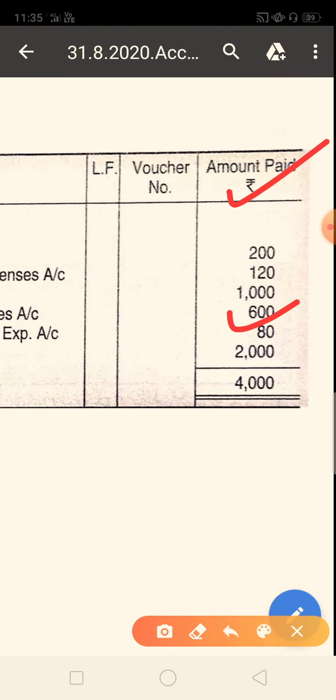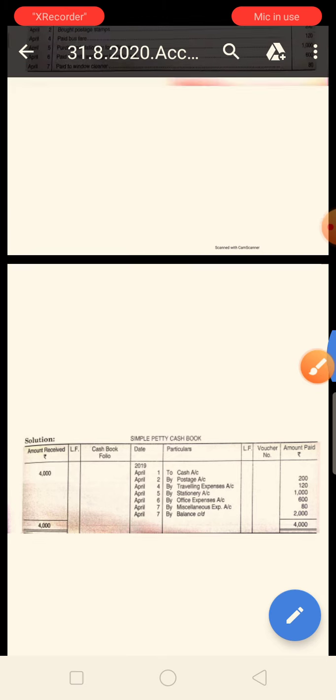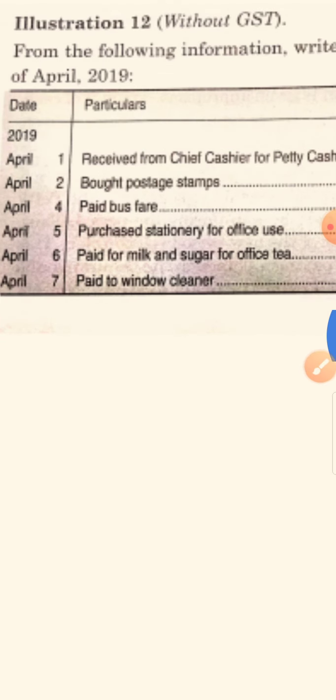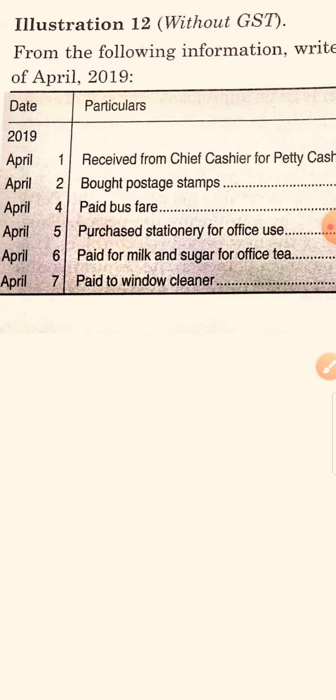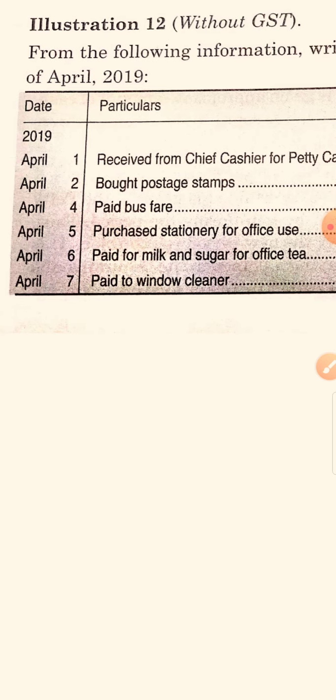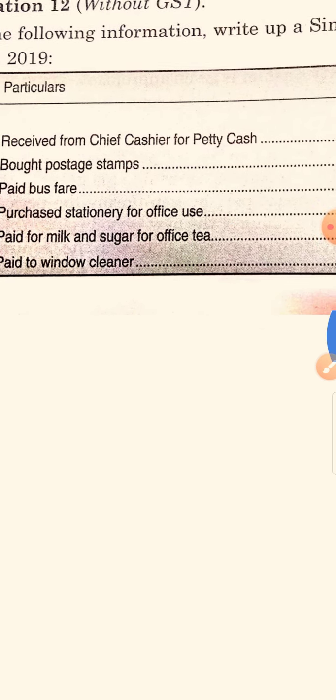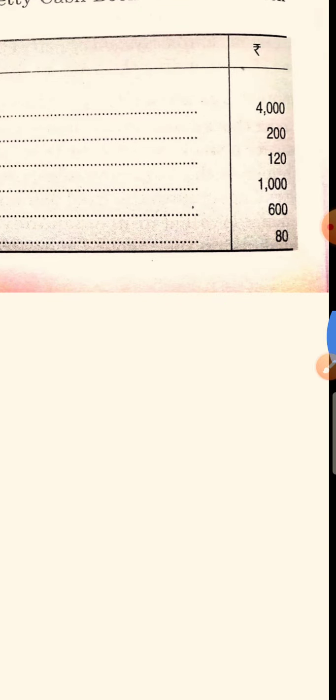So in the amount paid column, only one time we will receive the cash and then we will spend, my dear student. Now the last point is 7th April paid to window cleaner, 80 rupees.